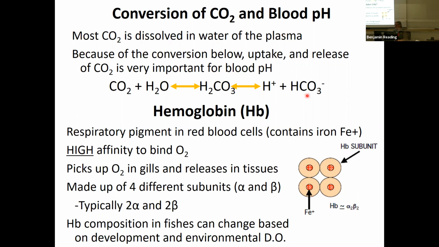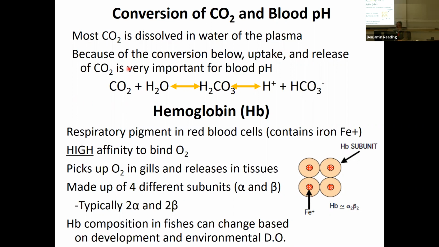And then this bicarbonate, which is the conjugate base. So carbonic acid dissociates into a proton and bicarbonate, the conjugate base. And this is what forms the buffering system for your blood, for fish blood, actually for any vertebrate blood. This is the system right here.